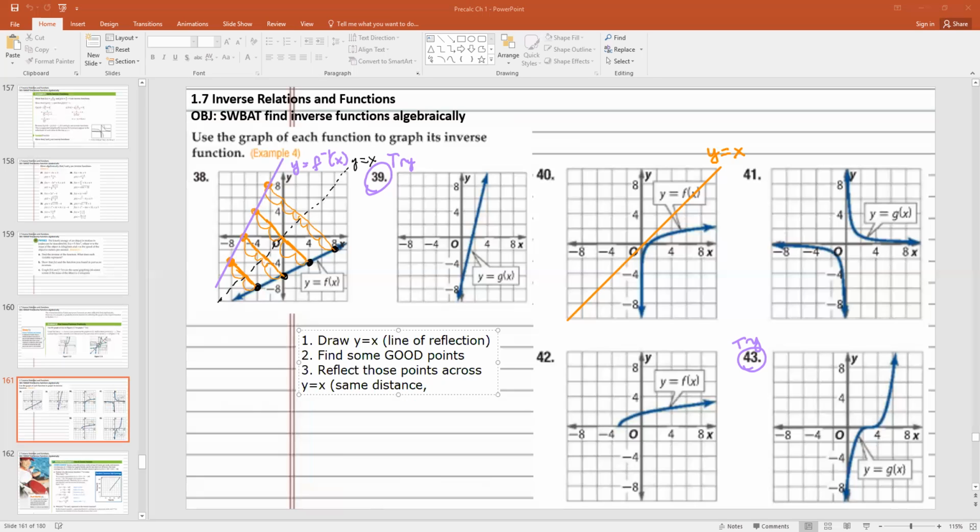And up one, left one. Okay, instead of up one, right one, up one, right one, it's up one, left one, up one, left one. That's the perpendicular one. And then I just connect your points.